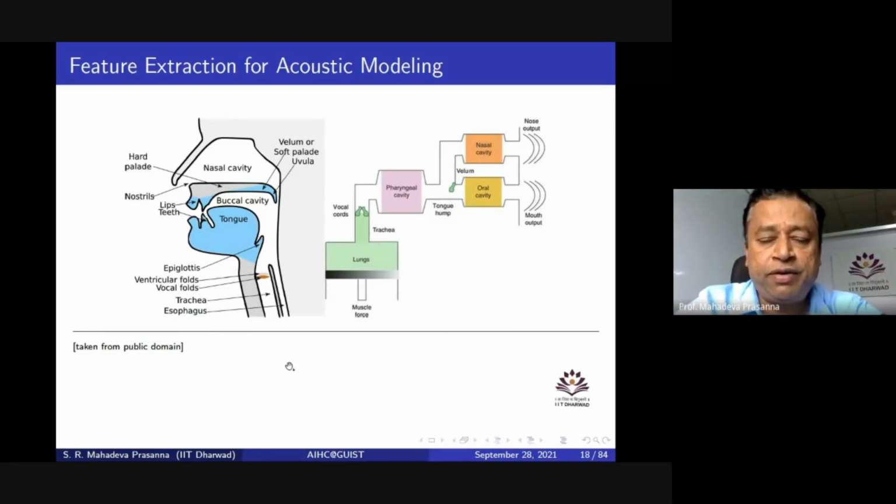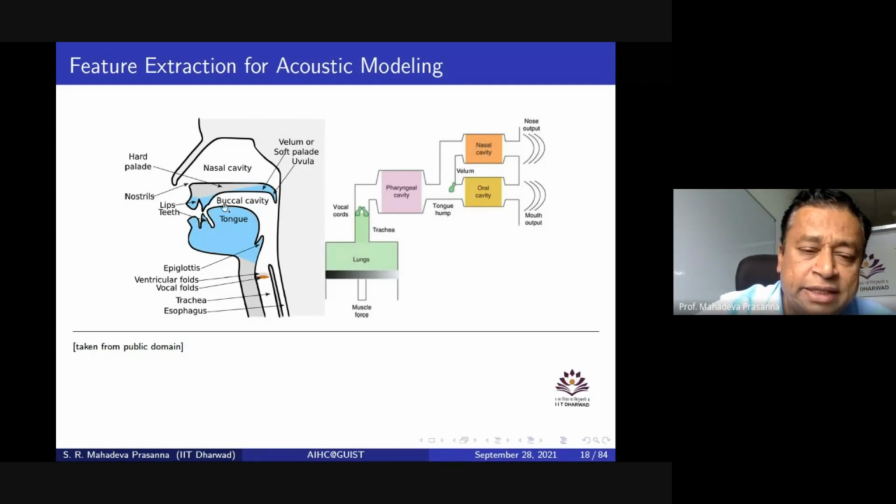Suppose I go for feature extraction for acoustic modeling, which we used to do and still do now. We try to model the vocal tract cavity, which contains the mouth cavity as well as the nostrils, and there are movable parts like the tongue, teeth, and lips, as well as the velum.